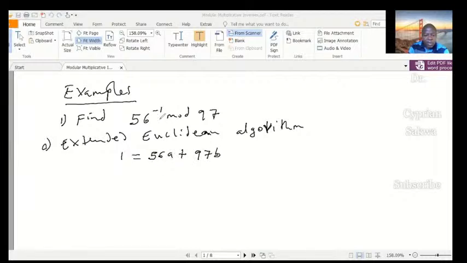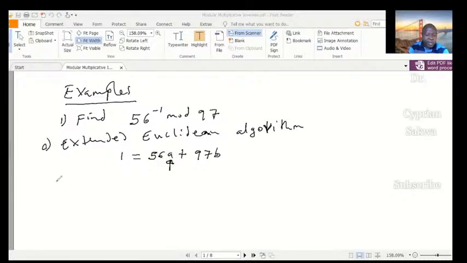We want to write this in this form. We want to find two numbers, A and B, such that 56 times A plus 97 times B gives us 1. So in this case, A here shall be the inverse of 56.